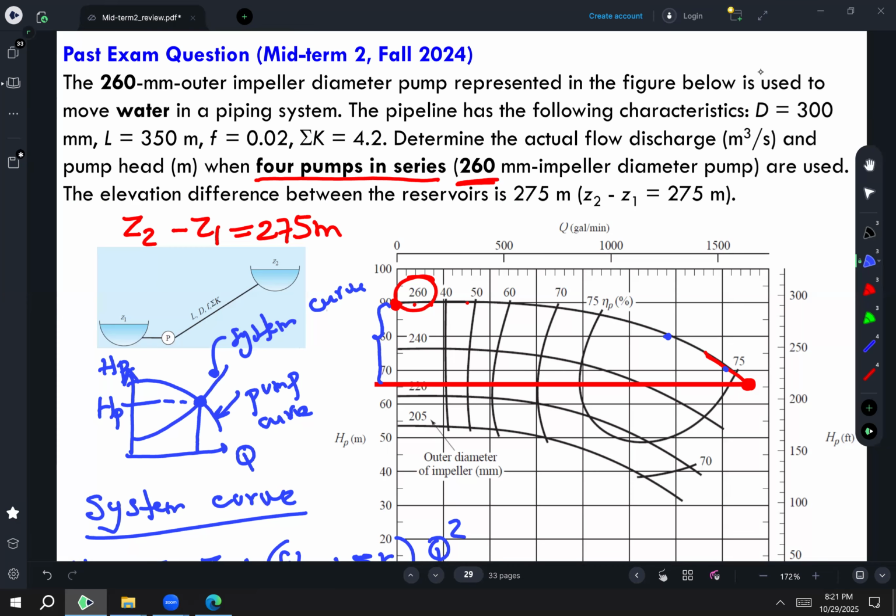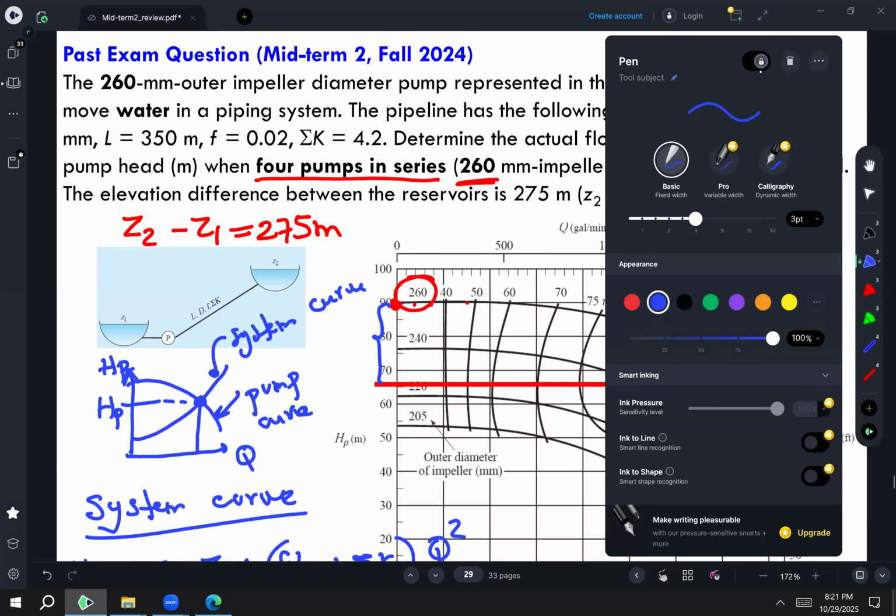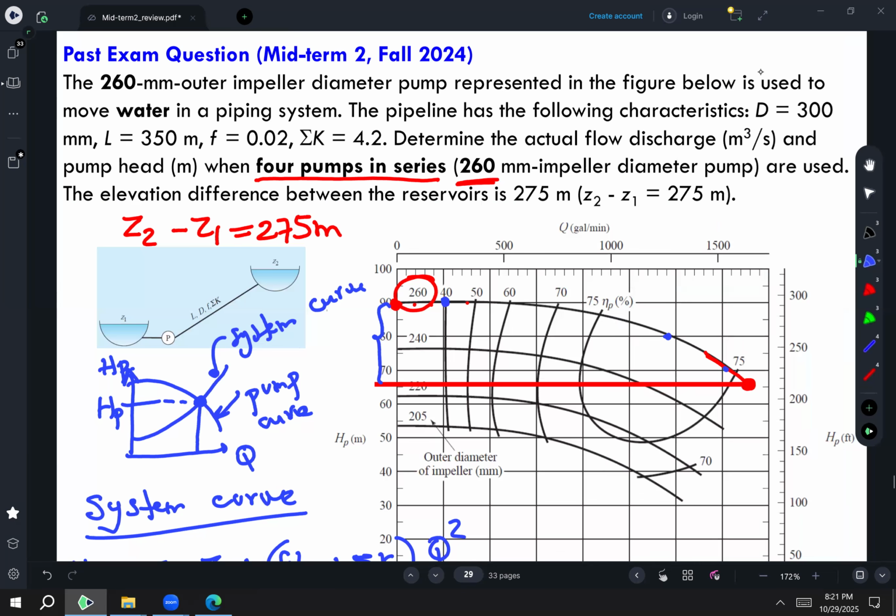I wouldn't recommend using a point like this one here, because this point pretty much has a head of 90 meters, so you will not represent the curve properly. So we have to find a point where we represent the difference in heads.